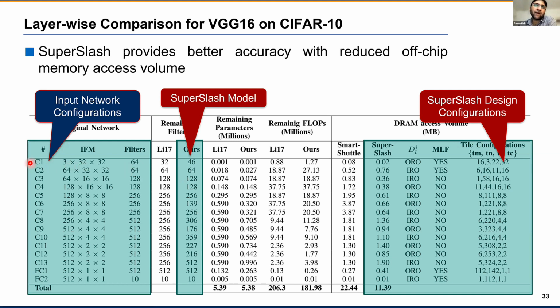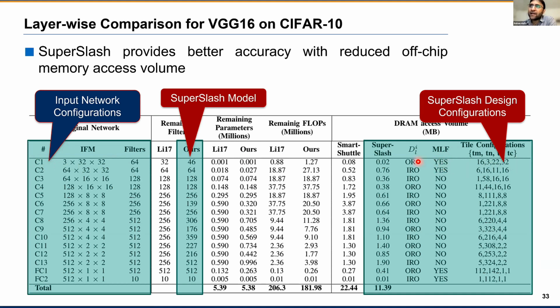So as an example, when the hardware accelerator will be processing convolutional layer number 1, it will be the tile size as mentioned over here. And here it mentions that for the first 2 layers, we shall be doing the multi-layer fusion.